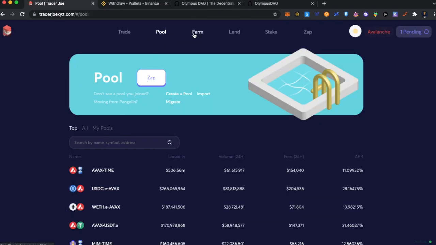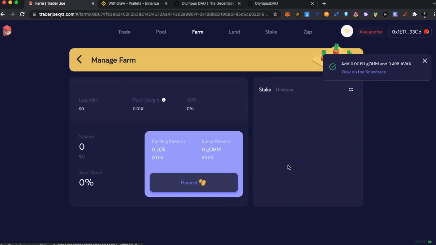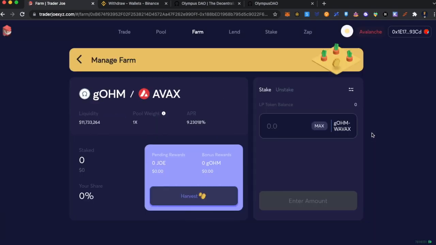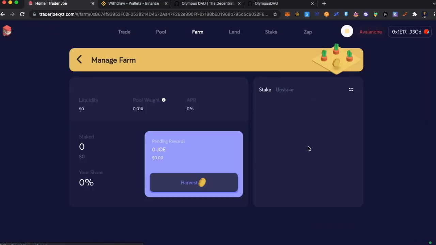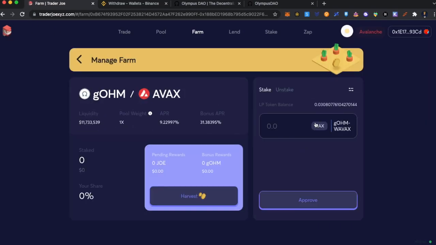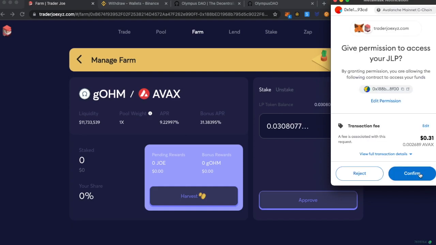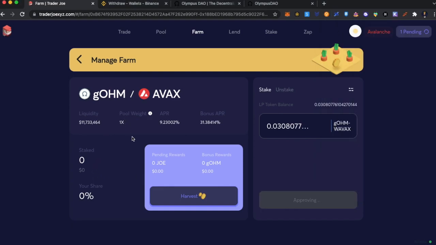After I supply this and stake, let me refresh. Yep, I've got my position. I'm going to get the Trader Joe token, the Joe token.